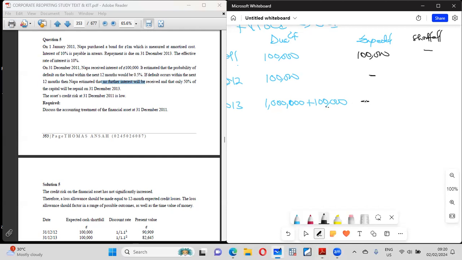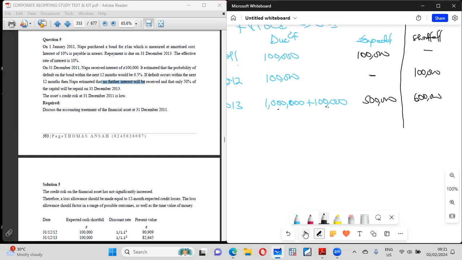The only thing they can receive is the 50% on the principal, which is 500,000, half of the capital here. So the shortfall means they will not receive this money. They will also not receive the 600,000. So it means that the shortfall is this.